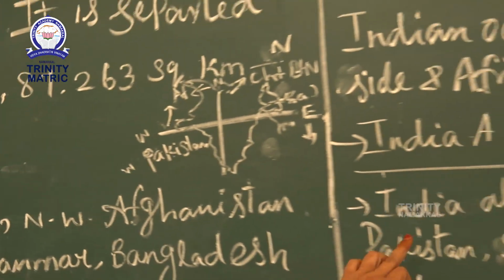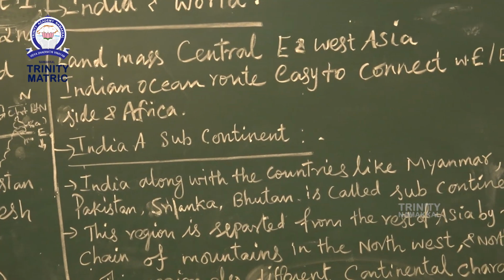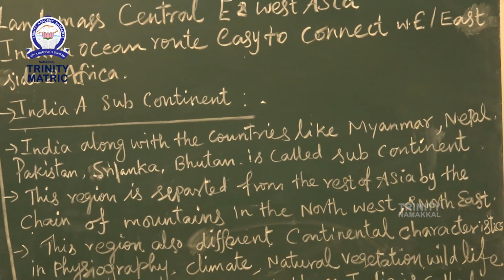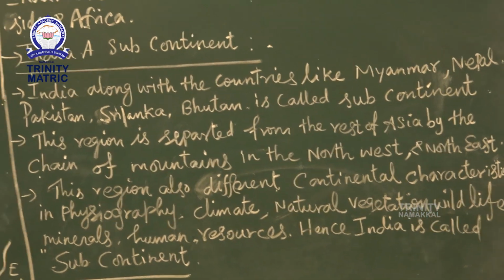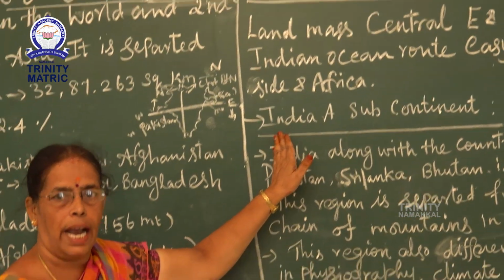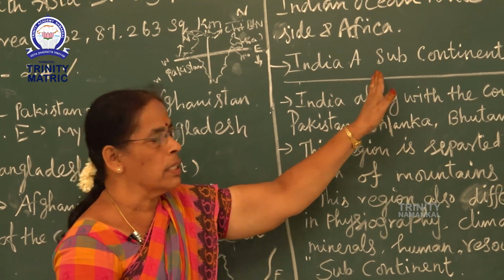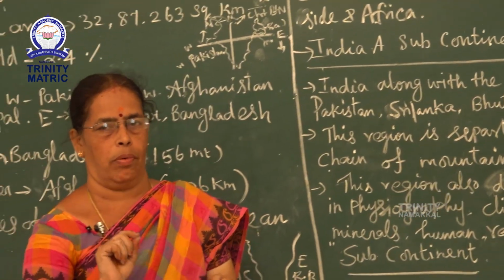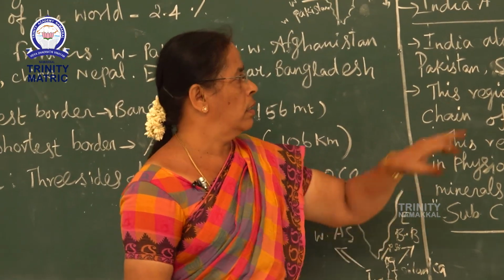Now, India is a subcontinent. You already know, in earlier classes you studied about continents. How many continents, students? 7. Okay. One of the continents is Asia. Where does India lie? India lies in the south of Asia. Then it is called a subcontinent. Why is India called a subcontinent?